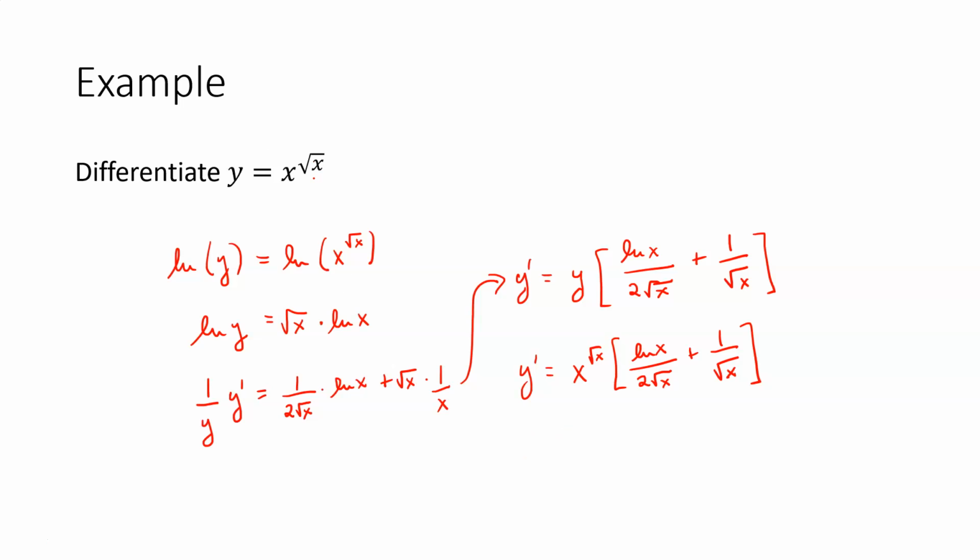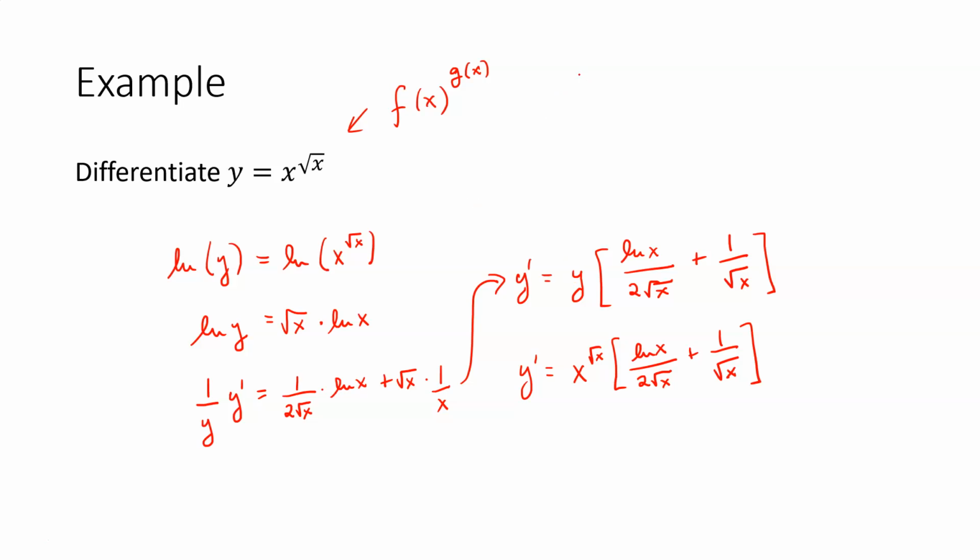Okay, so anytime I have this form, where it's in the form f of x to the power of g of x, we can do it this way, using logarithmic differentiation.